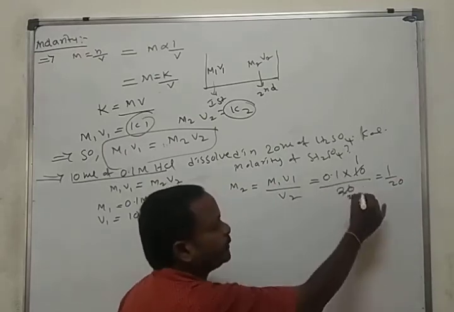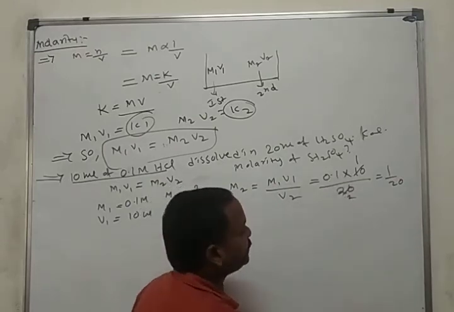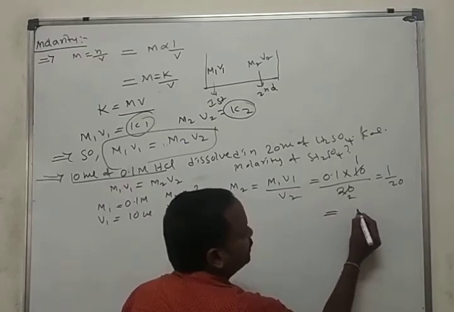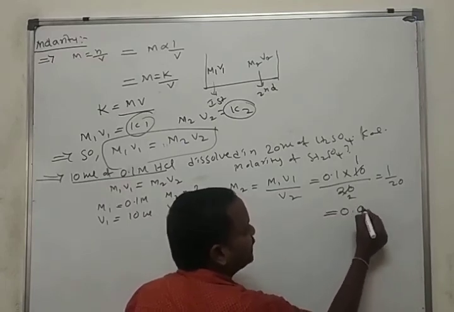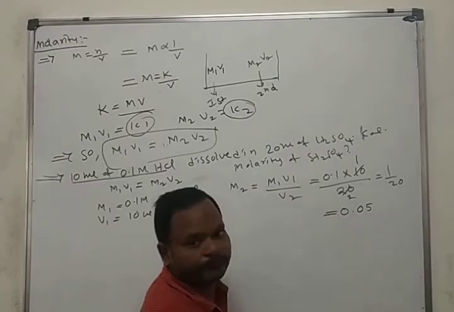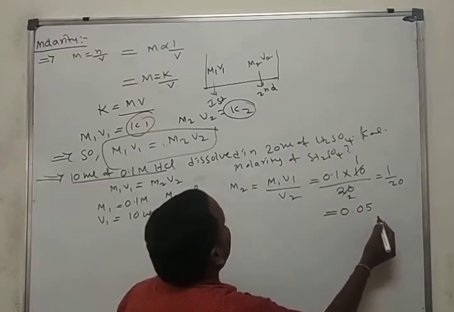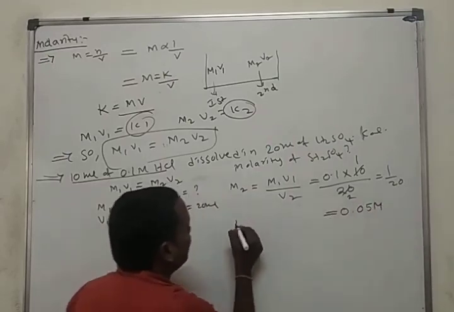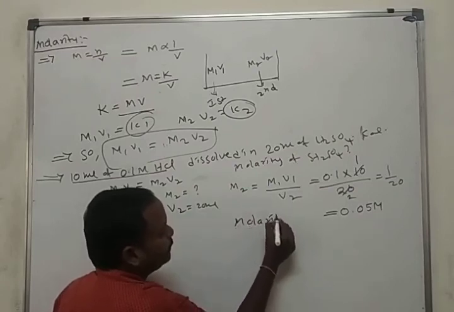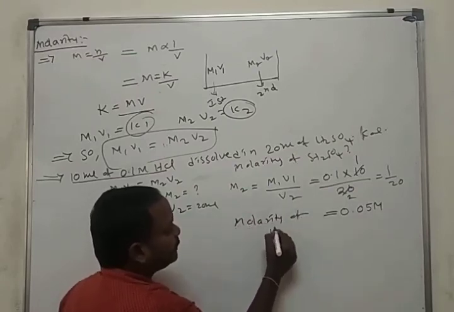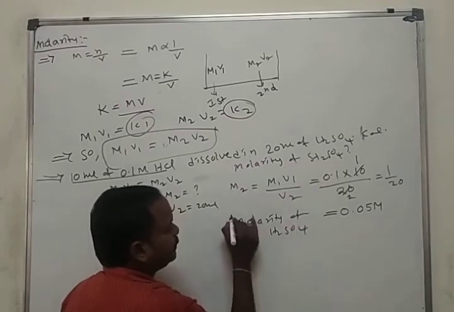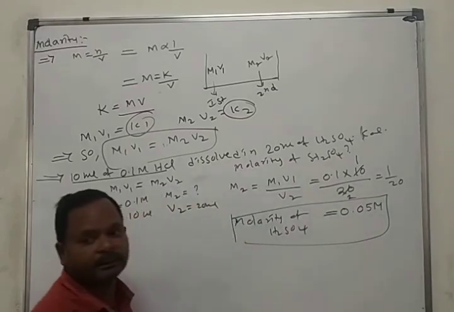Remove the point and put the 0 here. 1 by 20 is equal to 0.05. 0.05 M is the molarity of sulfuric acid.